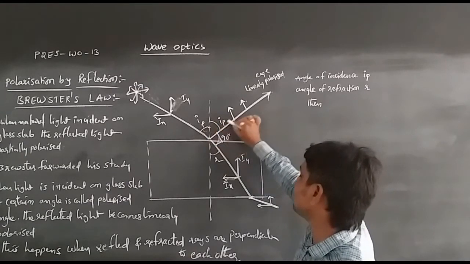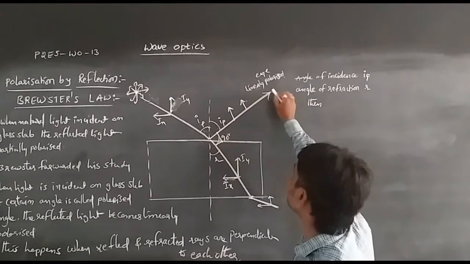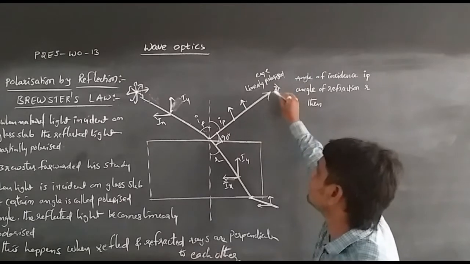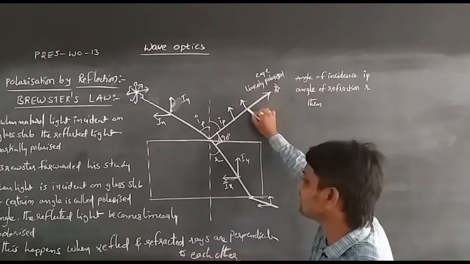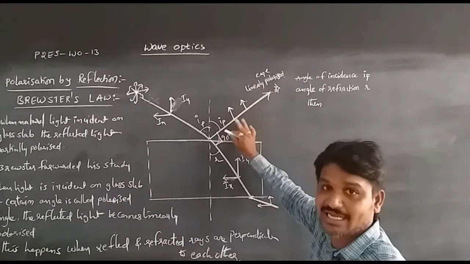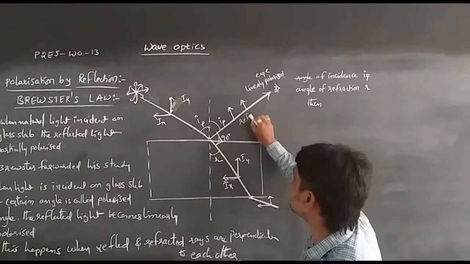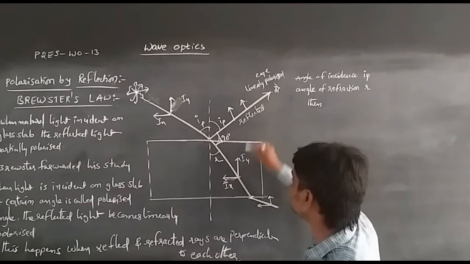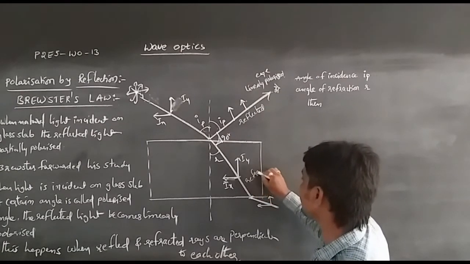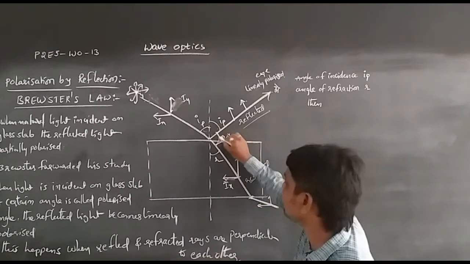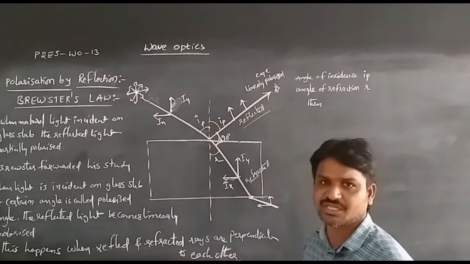the reflected light becomes linearly polarized. Here is the eye, which we can see. This is linearly polarized when the reflected ray and the refracted ray are perpendicular to each other.